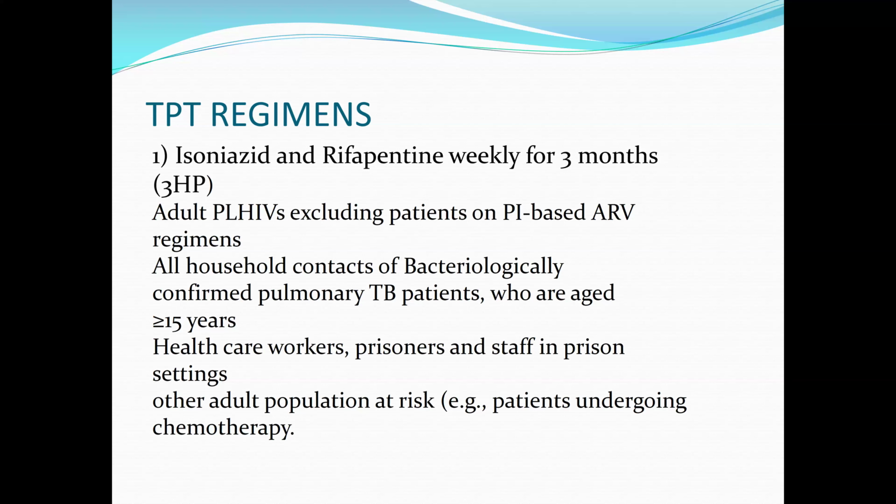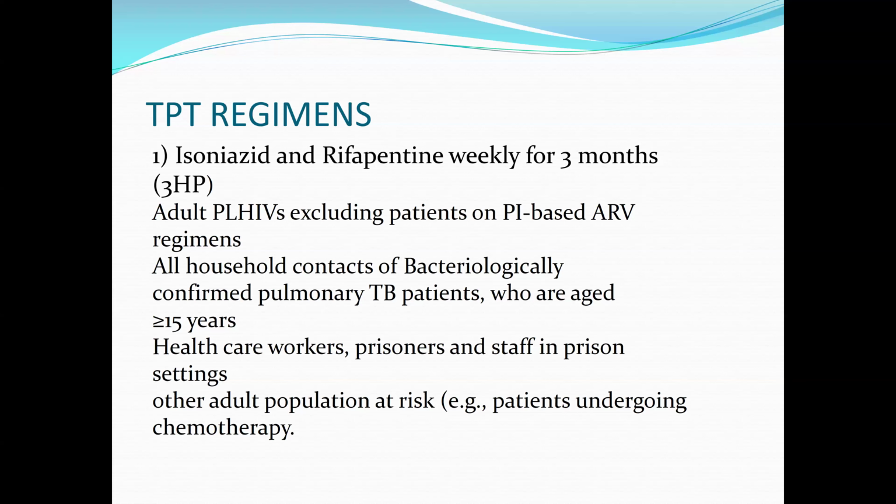Another indication is all household contacts of bacteriologically confirmed pulmonary tuberculosis patients aged above 15 years and weighing more than 5 kgs. Others are healthcare workers, prisoners and staff in prison settings, and other adult populations at risk, like patients undergoing chemotherapy.